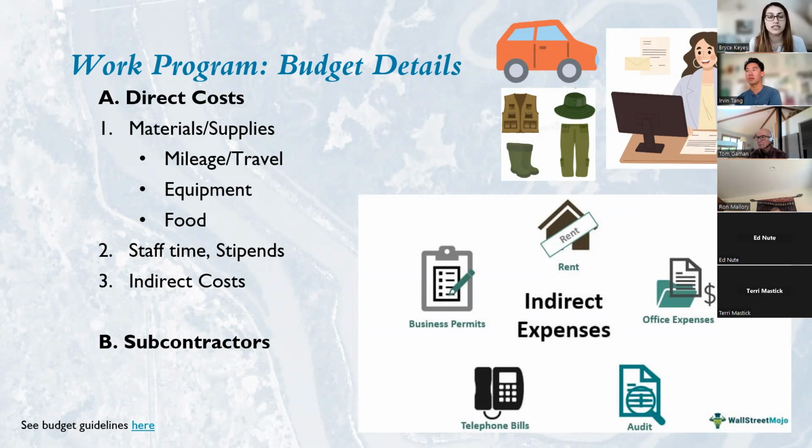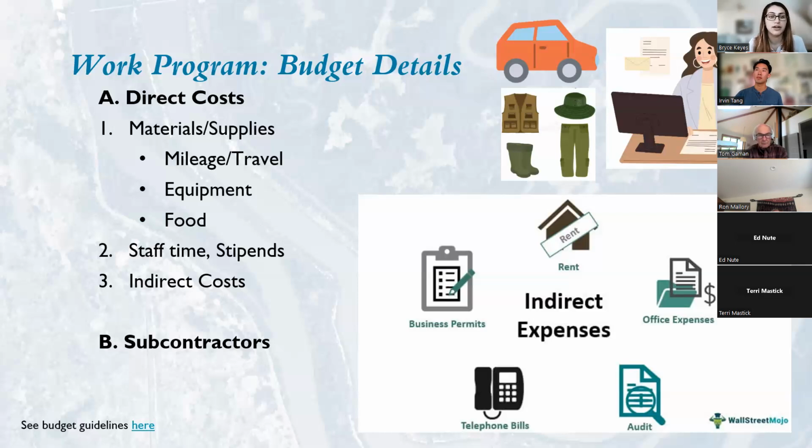You do also need to let us know if you're going to be doing stipends as part of your grant. We have some restrictions on how we can reimburse stipends, so please make sure you talk to your project manager if you do plan to give out stipends. Generally, we see these stipends used for reimbursing community members for their time to come to, for example, a community engagement workshop.